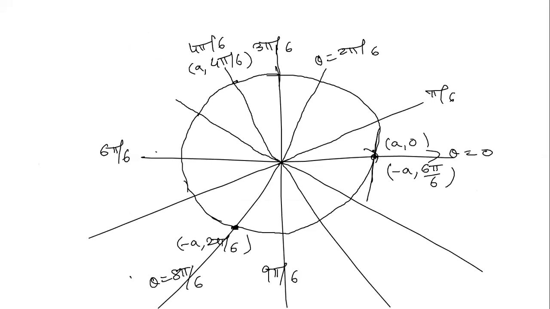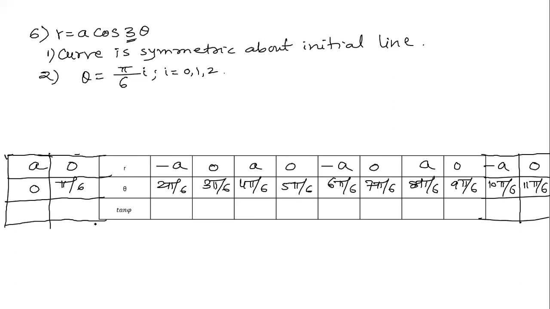This is going to be tangent, and here we have not yet talked about the tangents at origin. r is equal to a times cos of 3 theta. So r equal to 0 means cos 3 theta equal to 0.